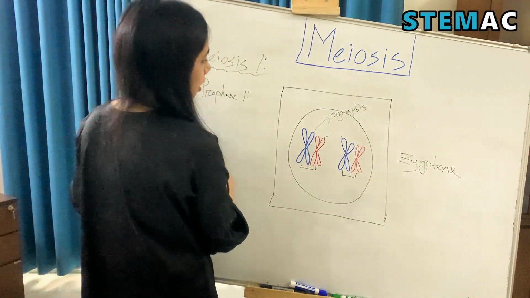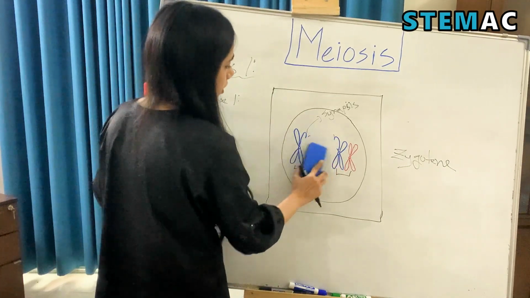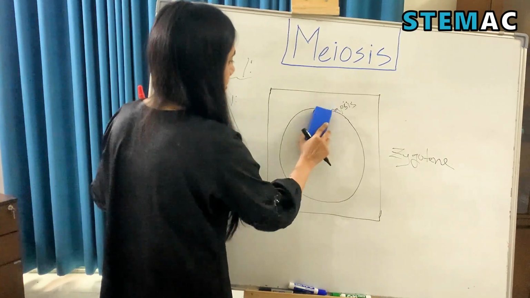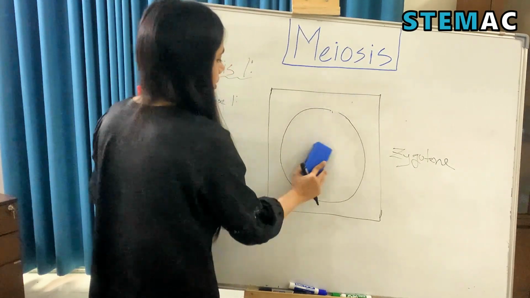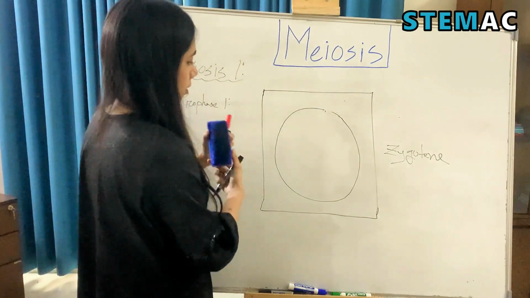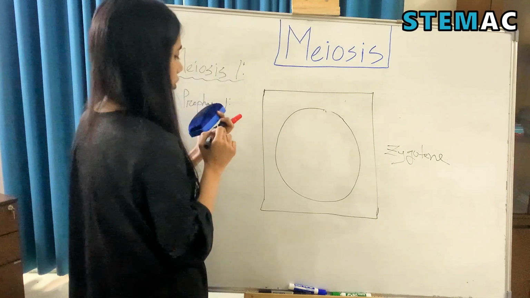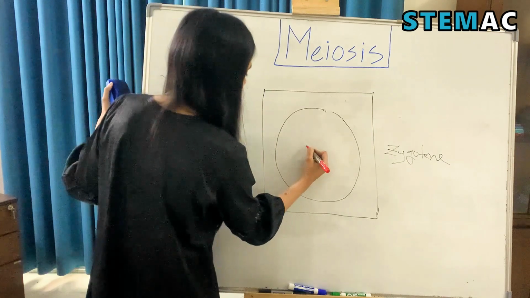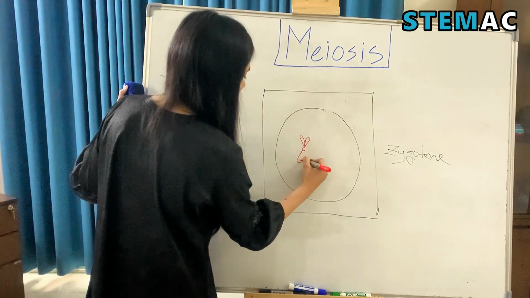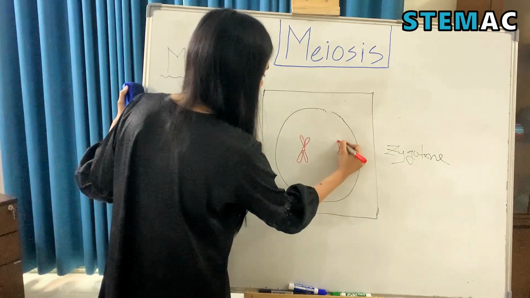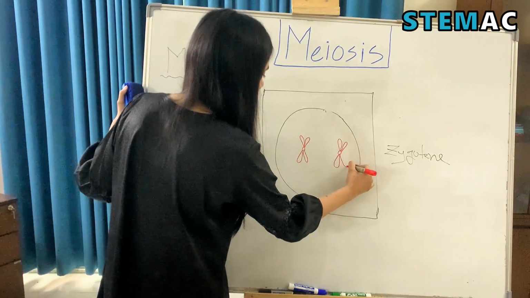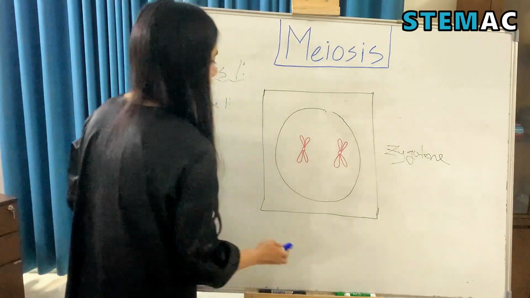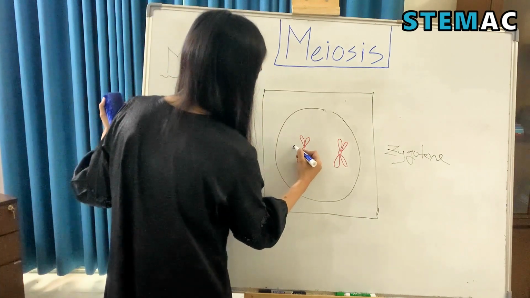So after the formation of the homologous pair, we will see that the chromosomes within these homologous pairs have attached with each other. If this was the chromosome from the father, this was the chromosome from the mother, right?